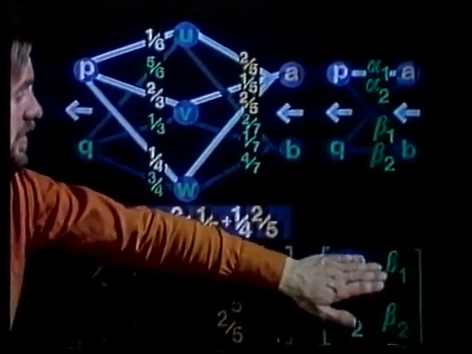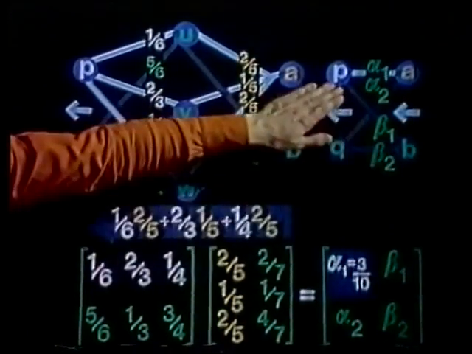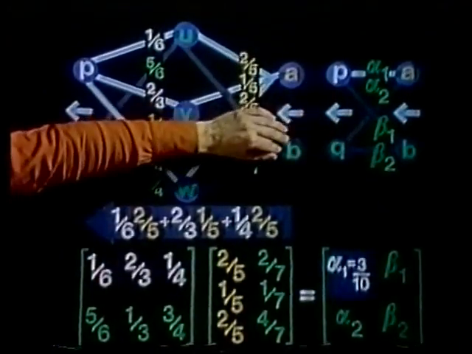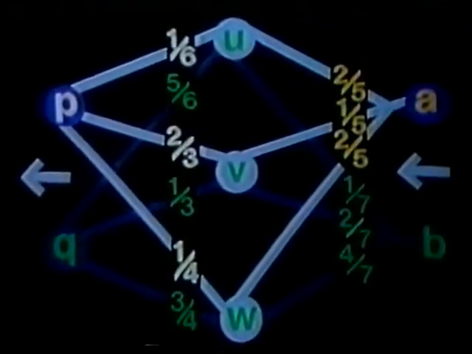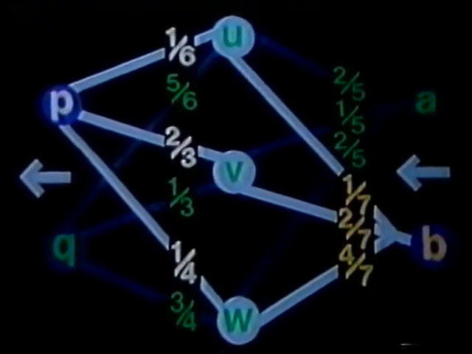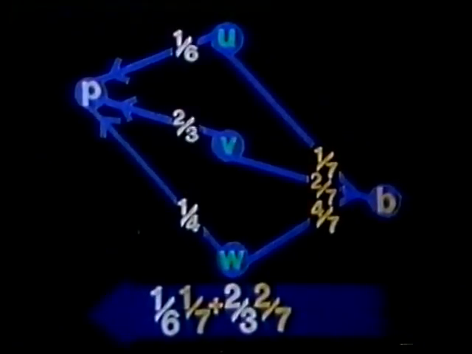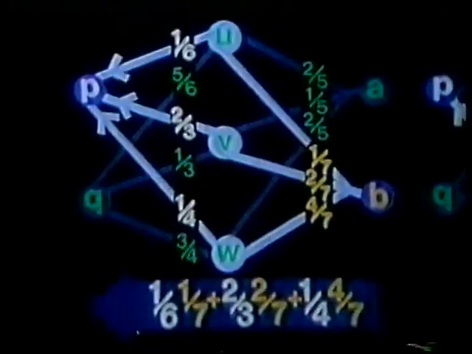Beta 1 is the proportion of B that flows towards P. So we need to look at paths from B to P. As before, network arithmetic tells us the proportion of B flowing to P. So that's the value of beta 1.